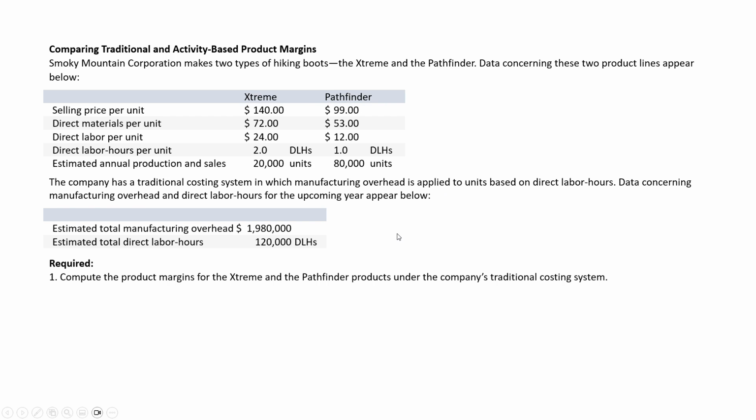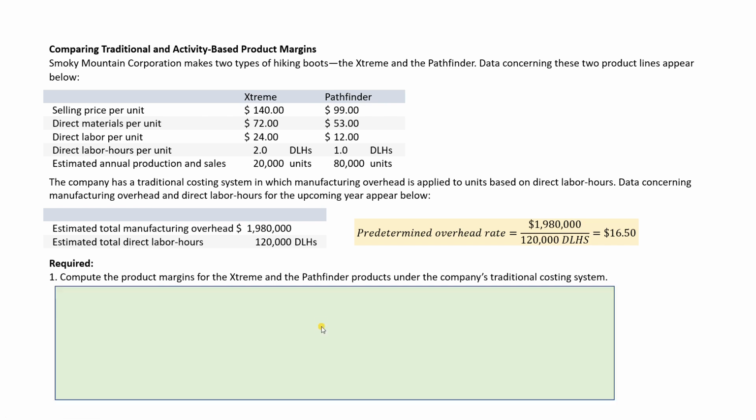If you recall from a prior chapter, to do a plant-wide predetermined overhead rate, you take the total estimated overhead costs, which they identify as $1,980,000, divided by the total estimated direct labor hours, which they've identified as 120,000, and we would get a plant-wide predetermined overhead rate under the traditional system of $16.50 per direct labor hour.